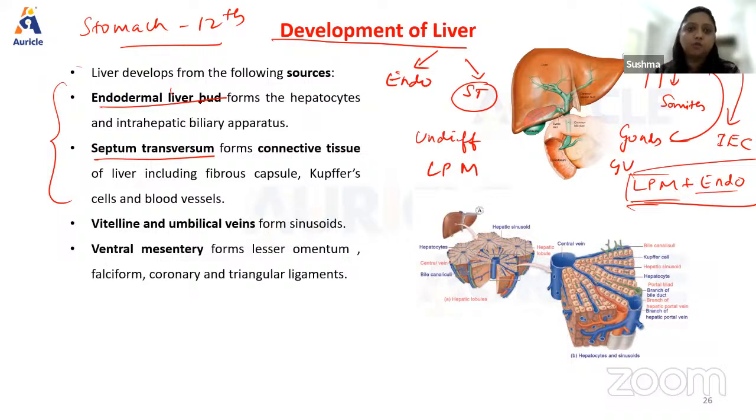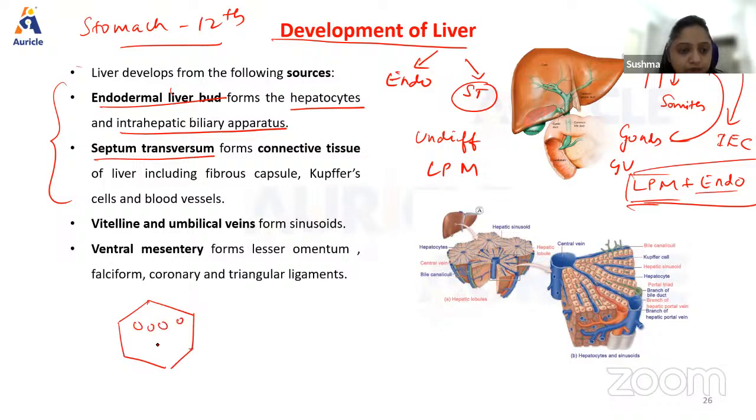Now, what are the different structures of the liver that come from the endodermal liver bud? It has hepatocytes and the intrahepatic biliary apparatus, whatever is there inside. Suppose I have to look at the liver parenchyma like this, we have hepatocytes, and there is a central canal, and there's a portal triad, and all of these structures are there. And there are Kupffer cells, and it is covered by a fibrous capsule. Remember, this is a very famous diagram that we all keep drawing in first year.